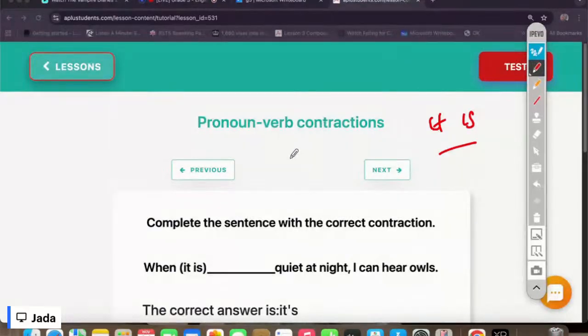Okay, good job. So we have it, then apostrophe and s. That's it. Good job. That is the contraction of it is.